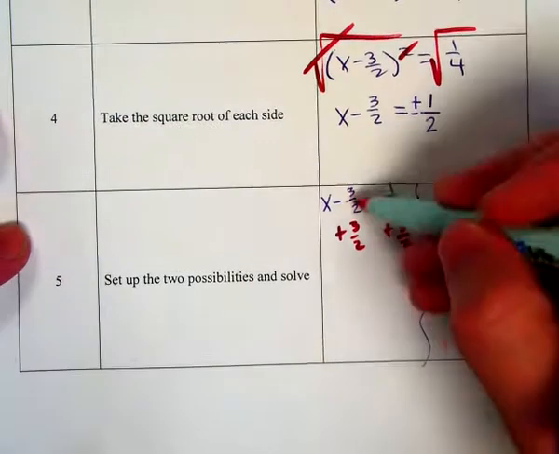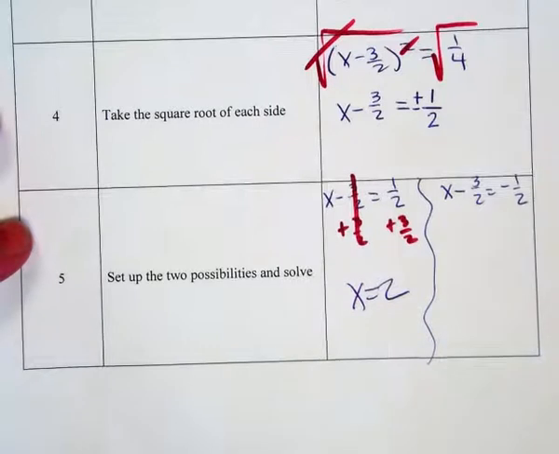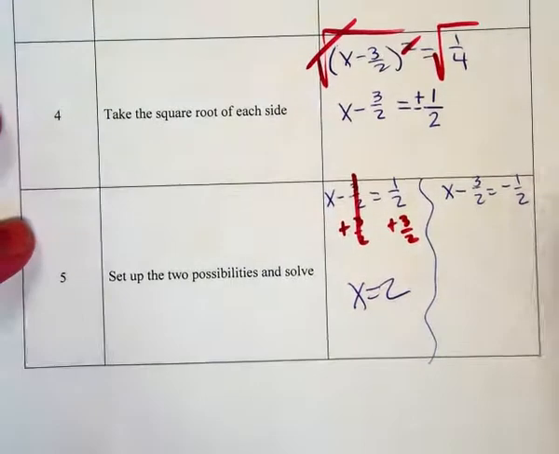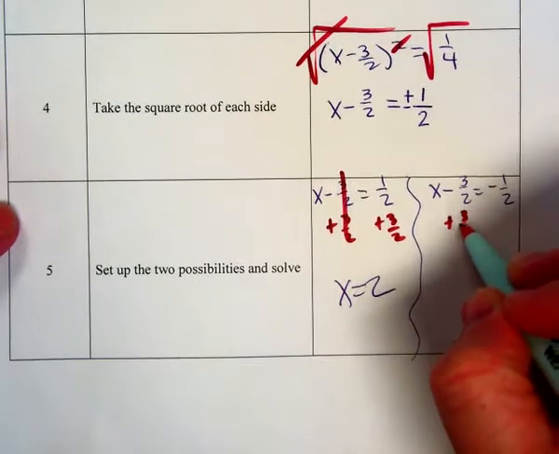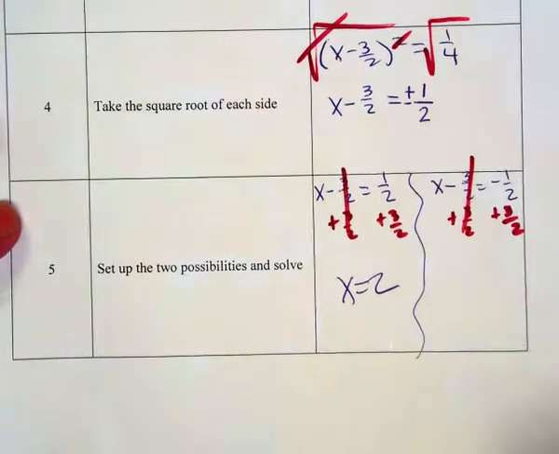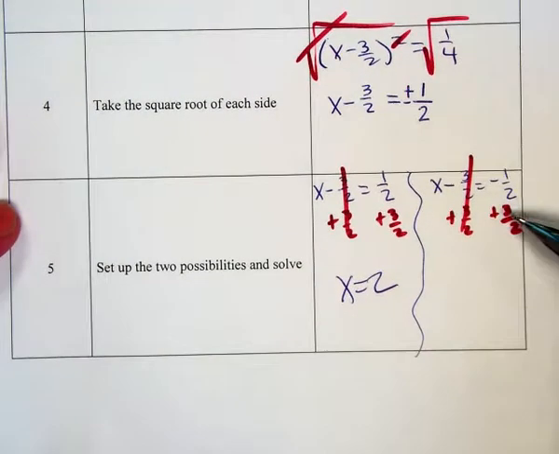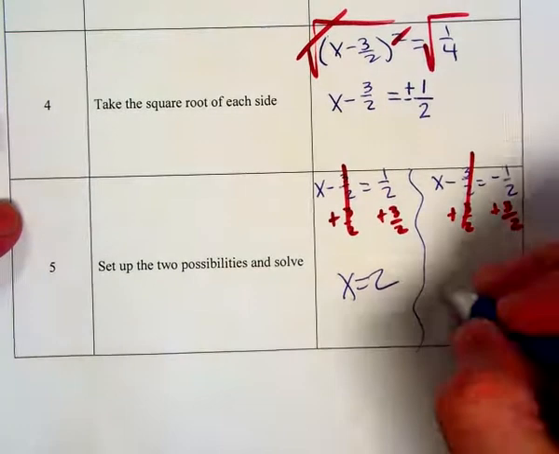What's 4 halves? 2. There you go. There's our first answer. Again, this whole process sets us up to have common denominators. On this one, if I add 3 halves to both sides, what's negative 1/2 plus 3 halves? 2 halves. What's 2 halves? 1.